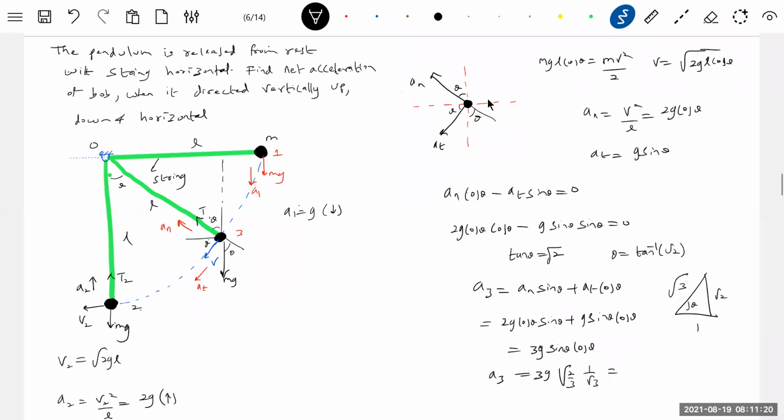Check it. g root 2. Yeah, Vishal, thank you for the correction. Check the calculation once. It will be directed horizontal.